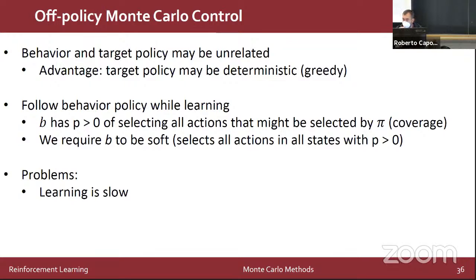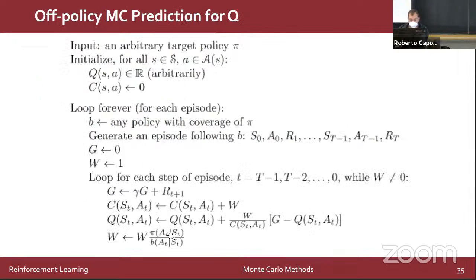I'm updating all of them. In this loop here, I would basically execute this step here and this step here for each policy that I have, right? And of course, I need to change W as well. So the return would be the same because this is coming from the trajectory.